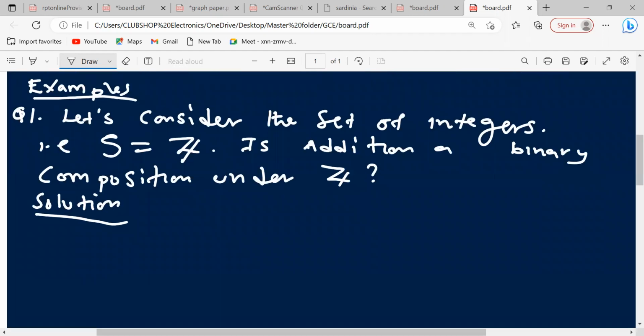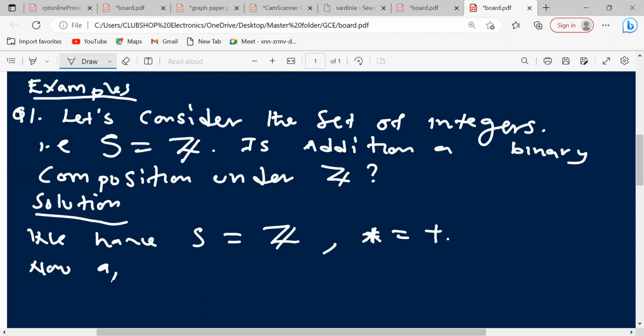Now, we have that S is a set of integers, and our operation, our star here, is plus. Is it possible that when we add two numbers, the sum will still be an integer? If yes, then we'll say addition is a composition under integers.